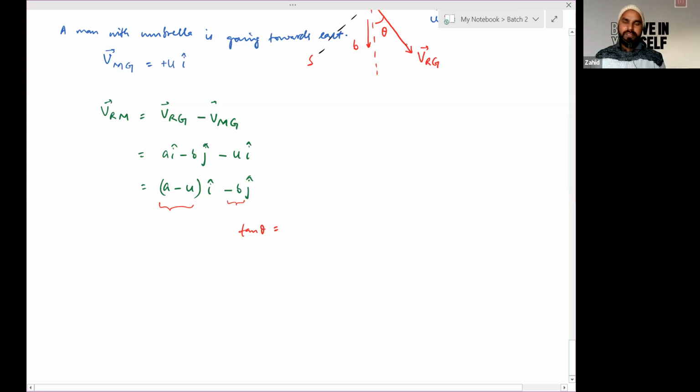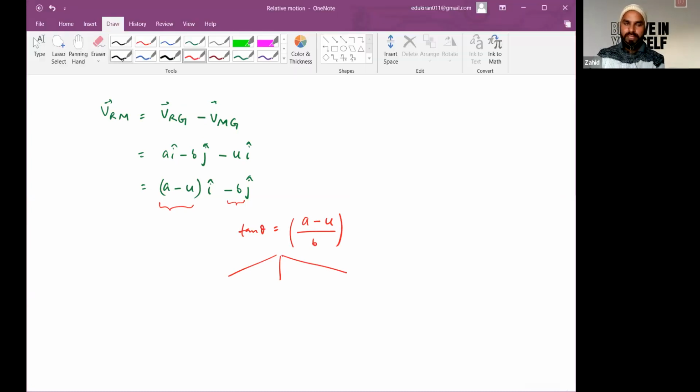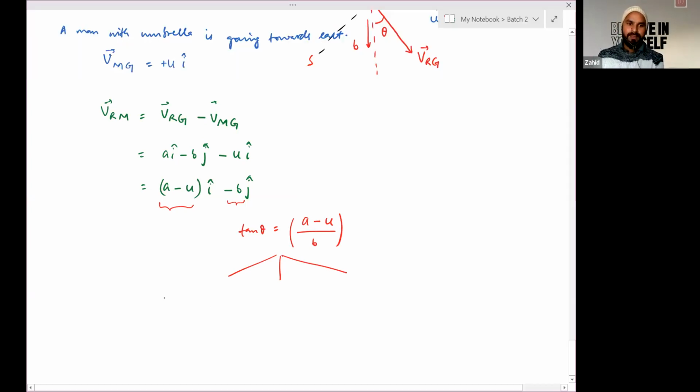With respect to the diagram, we have base as B and perpendicular as A minus U. So tan theta will be equal to (A minus U) divided by B.